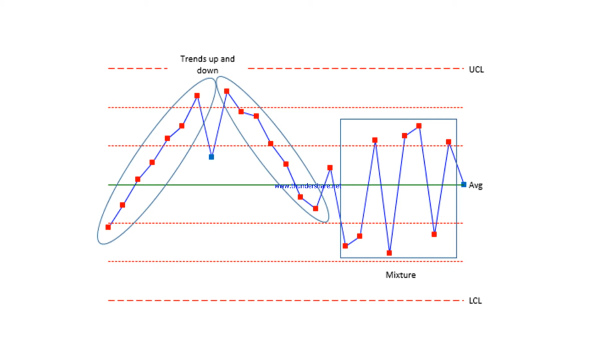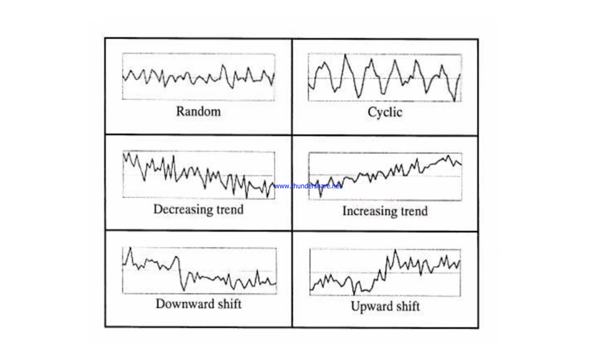You can see the first graph in this picture is showing a random behavior. If your chart is showing a random behavior, and all the points are within the upper control limit and lower control limit, you have nothing to worry about. That is, your process is perfect, it's in control.